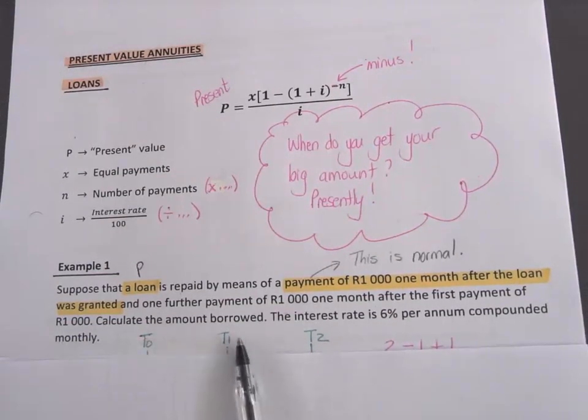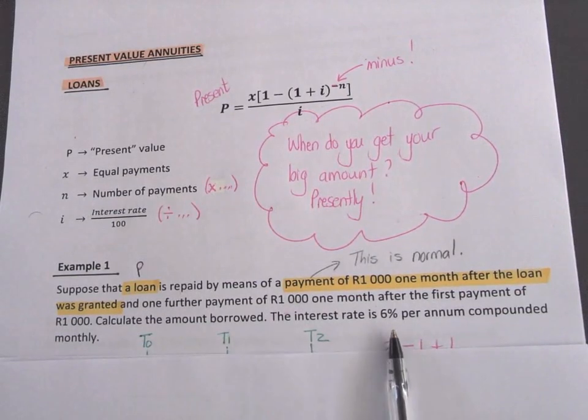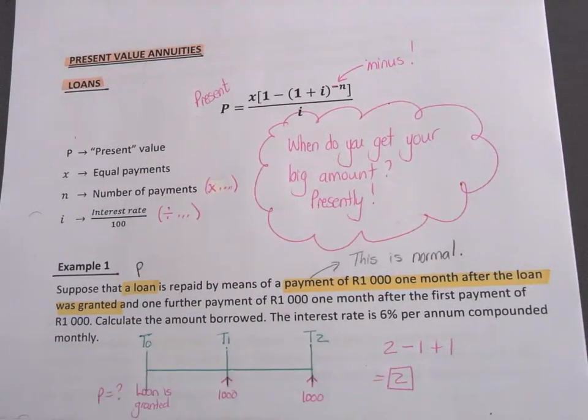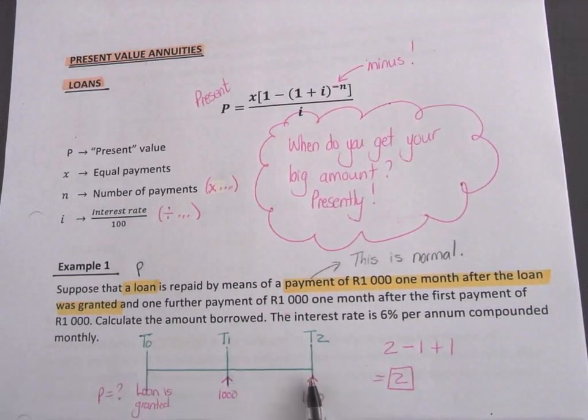Calculate the amount borrowed. That means P, the loan amount. The interest rate is 6% compounded monthly. Now this is actually a very silly example because the period is only 2 months. So I borrowed the money for 2 months. At T0, the loan is granted.